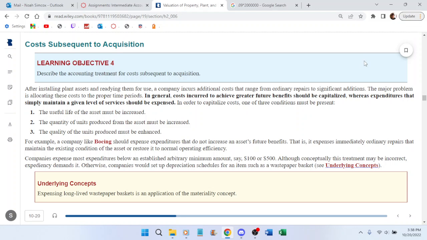Costs incurred to achieve greater future benefits should be capitalized. Expenditures that simply maintain a given level of services should be expensed.